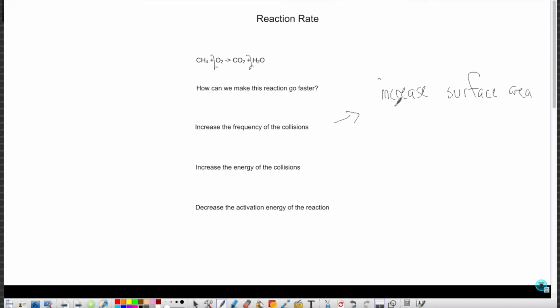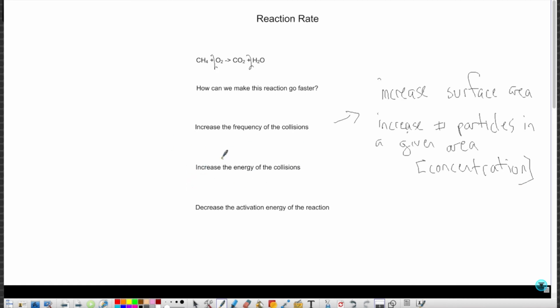But if you increase the surface area, then there can be more collisions, and the reaction should happen faster. Another way that you could do this is you could increase the number of particles in a given area. And if this sounds a lot like concentration, then you're paying attention. Yay!